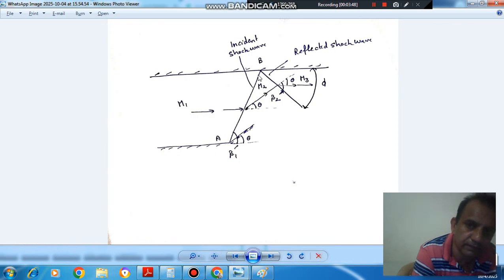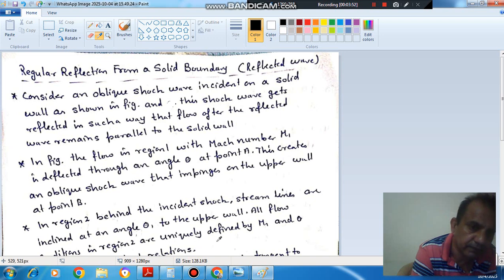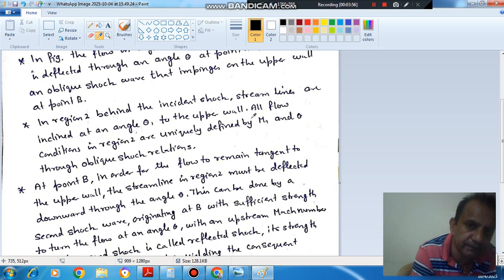And this shock wave strikes the wall at point B. Next point, in region 2, behind the incident shock, streamlines are inclined at an angle theta to the upper wall. All flow conditions in region 2 are uniquely defined by M1 and theta through oblique shock relations.